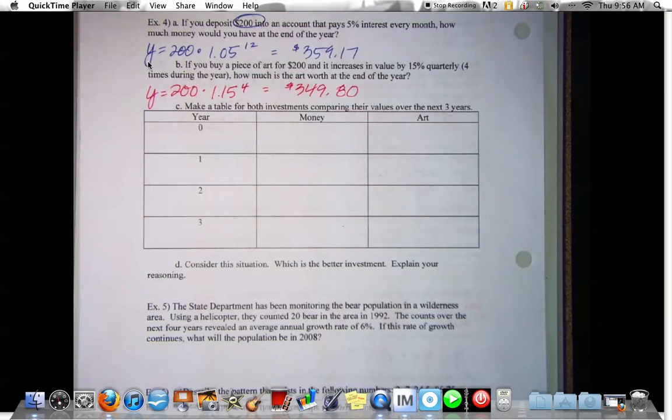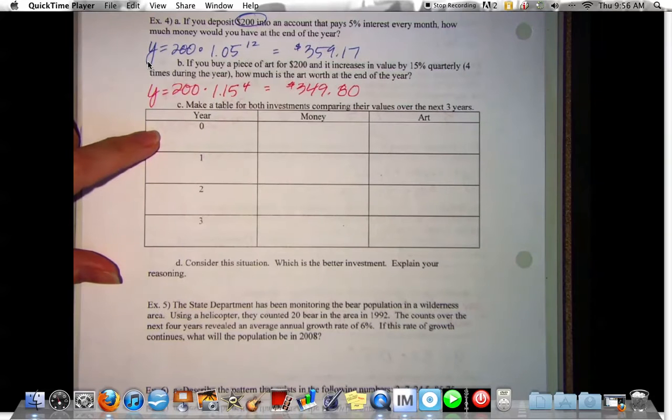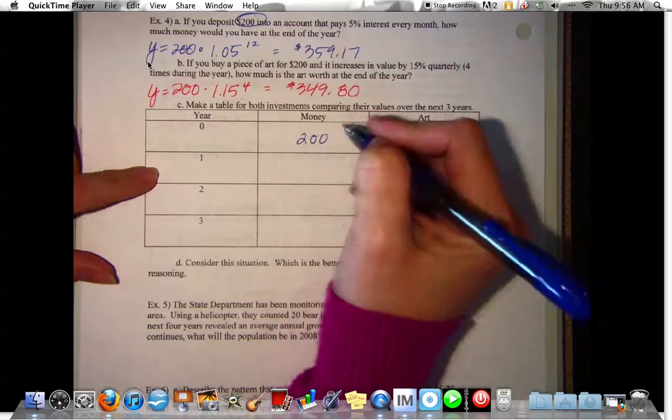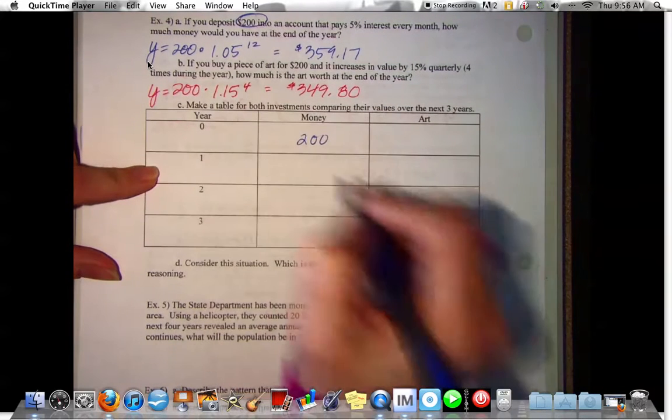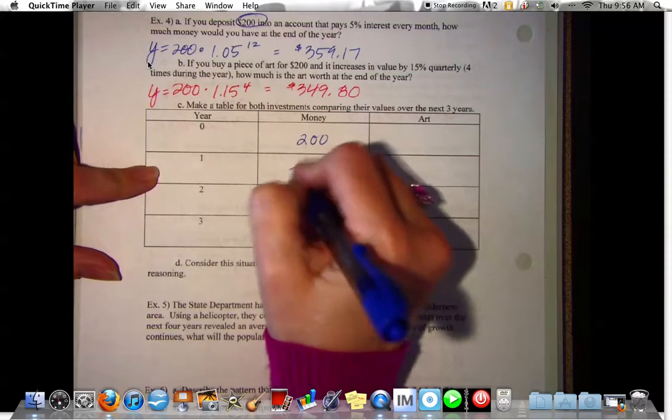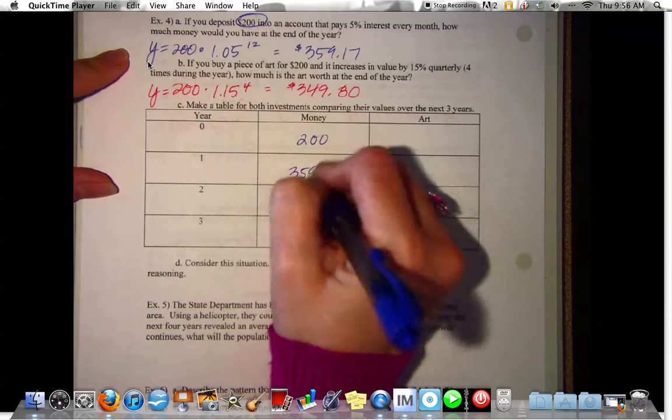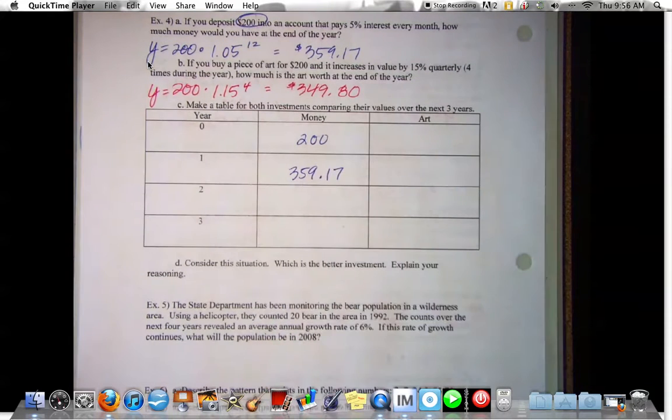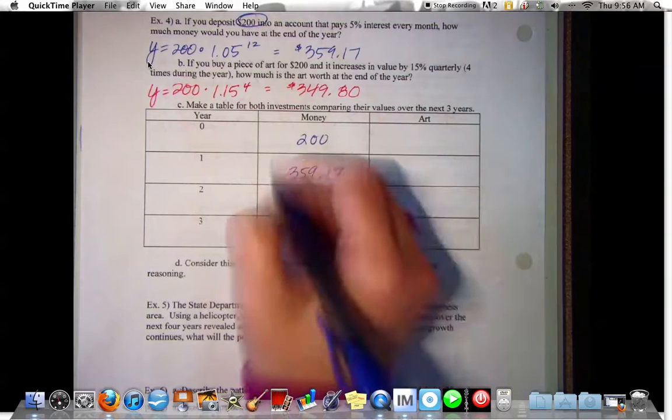Part C asks us to make a table for both investments comparing their values over the next 3 years. So for year 0, what's our money worth? 200. And for year 1, we found it already up here, 359.17. So let's determine year 2.